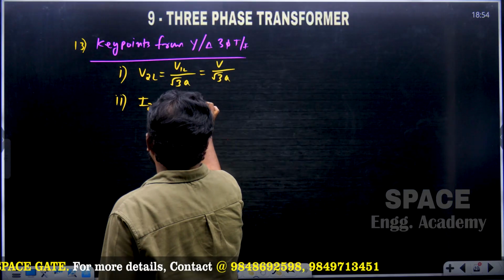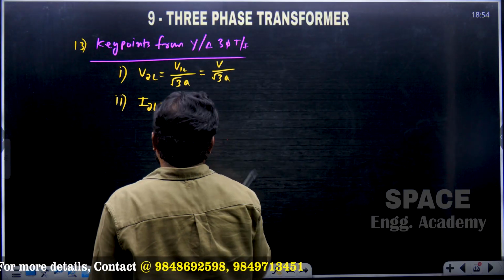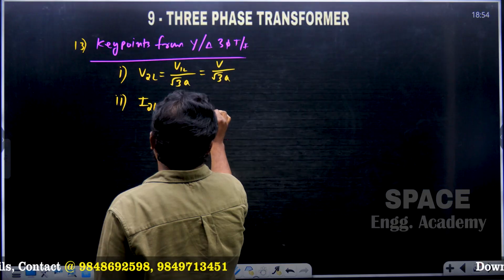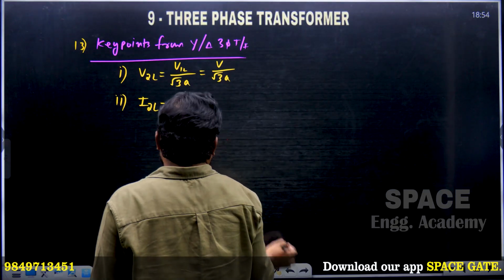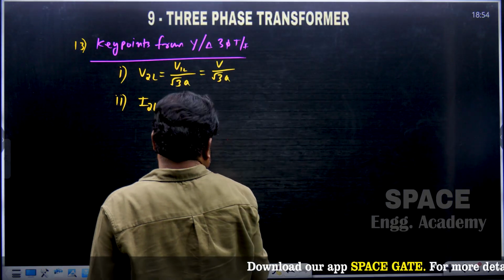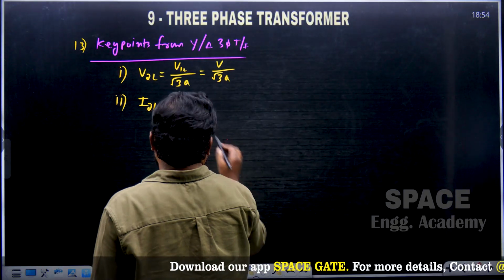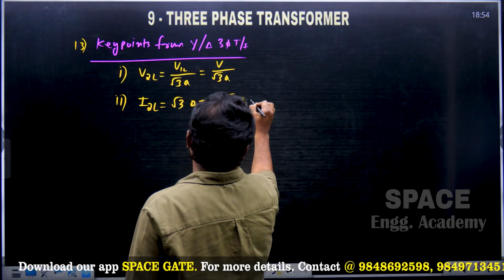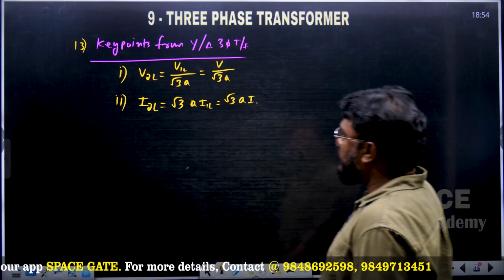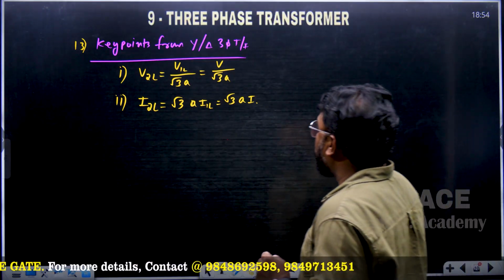It is root 3 times I1L into A, where A is the phase turns ratio. So this gives the secondary line voltage and secondary line current.